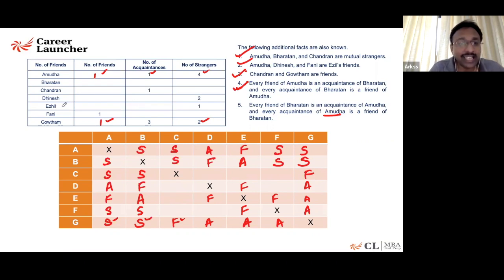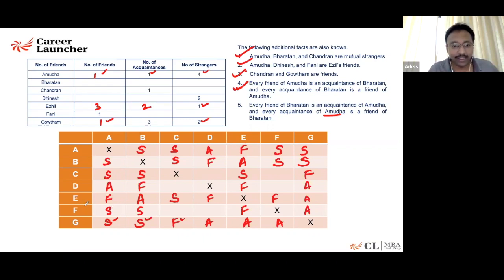Okay, look at this. Ezil has one stranger. Clearly, three friends are there, two acquaintances are there, and one stranger is there. So C and E have to be strangers. This is also done.